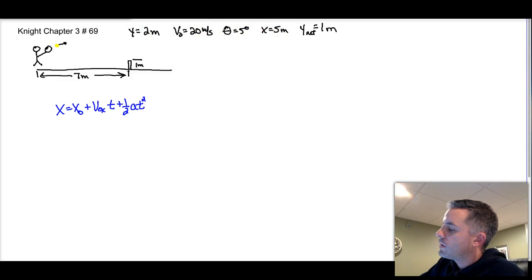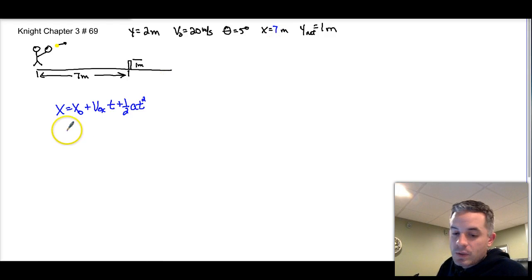All right, so if I make just one quick change here, that should be a 7, not a 5. All right, and we plug in what we know. We know that the net is going to be 7 meters away. Our original position is going to be 0 where the ball is hit.